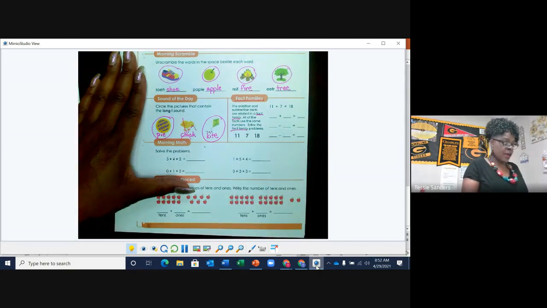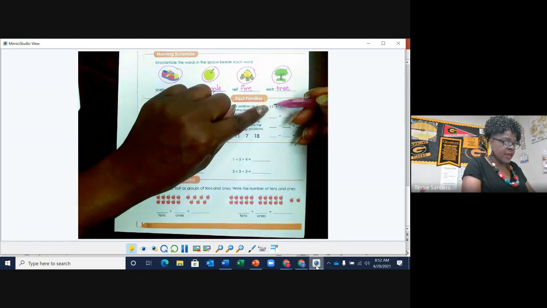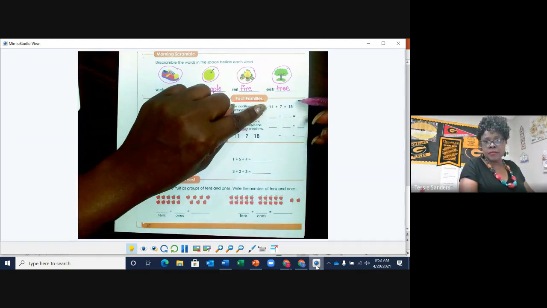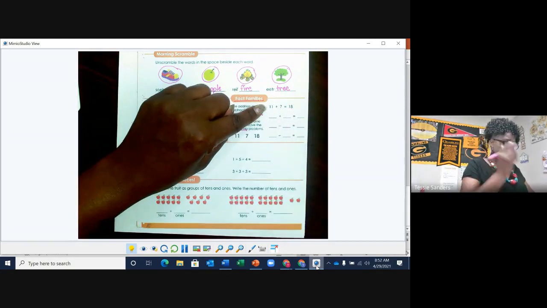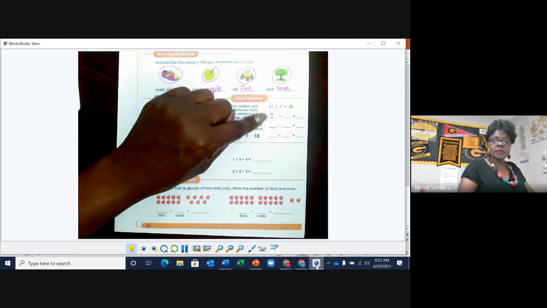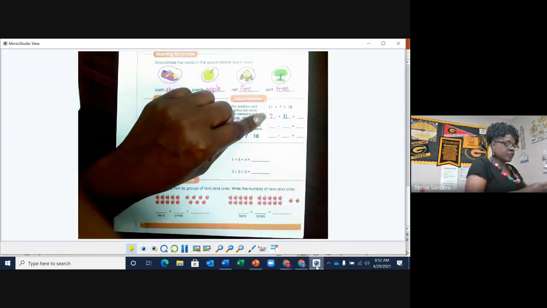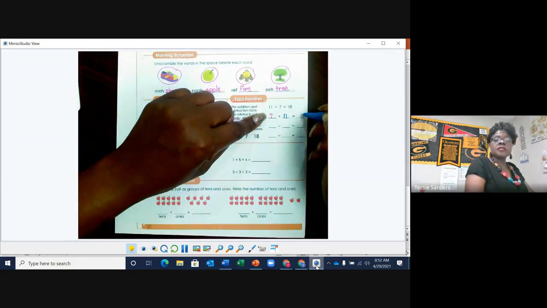Again, fact family. Look at the problem. We have 11 plus 7 equals 18. Well, that must mean that 7 plus 11 equals what is missing? 18.